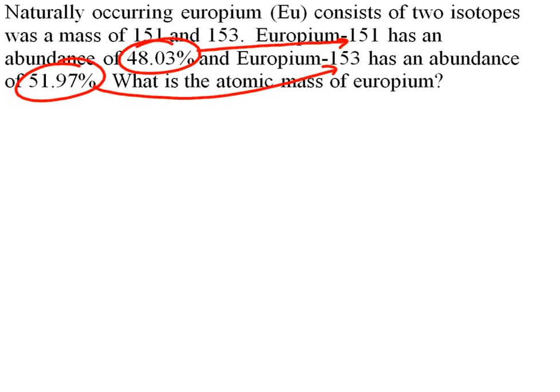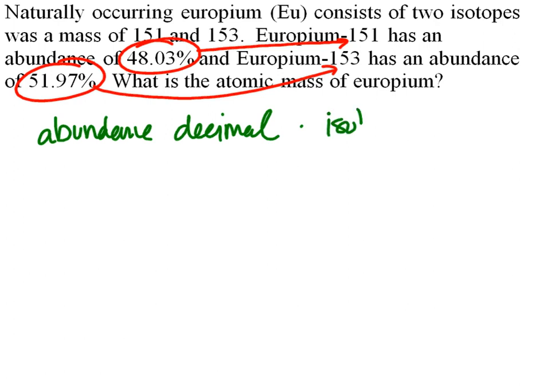Then we multiply it by the mass of that specific isotope. So you're going to have the abundance decimal times the isotope mass.